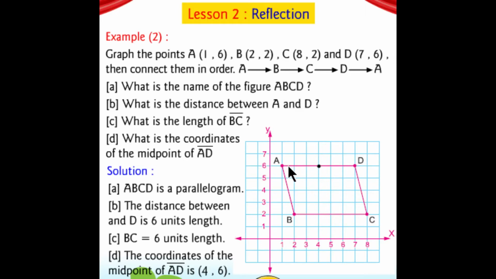The length of AD is 6 units. The midpoint is at the center, 3 units on the left and 3 units on the right. The coordinates of the midpoint of AD are (4, 6).